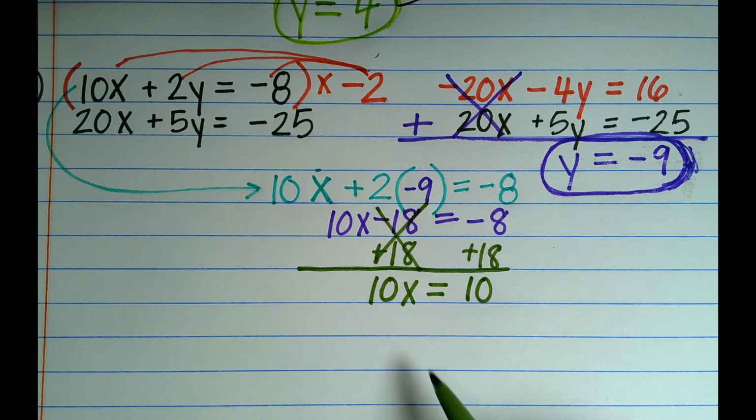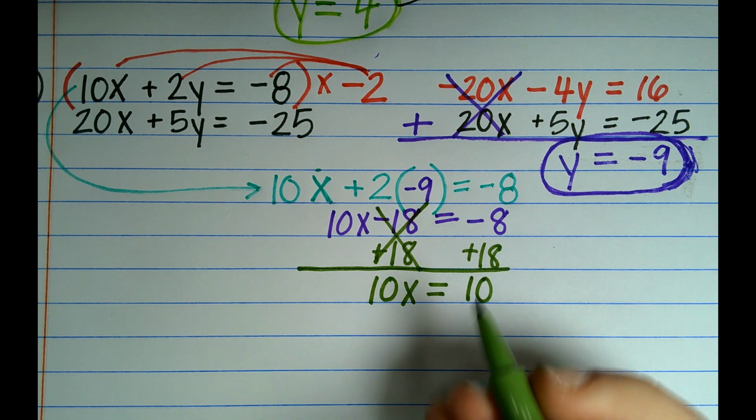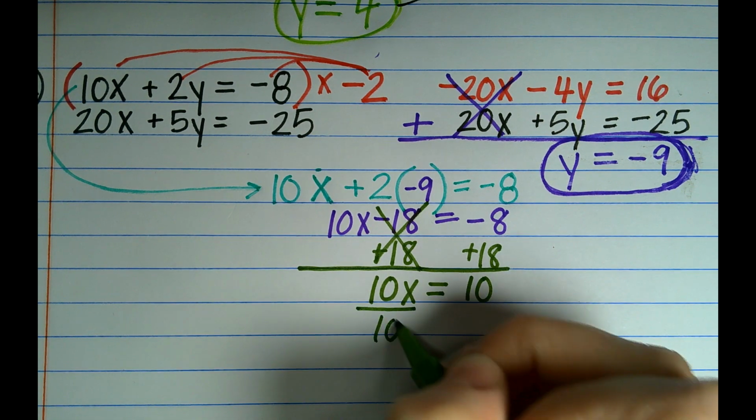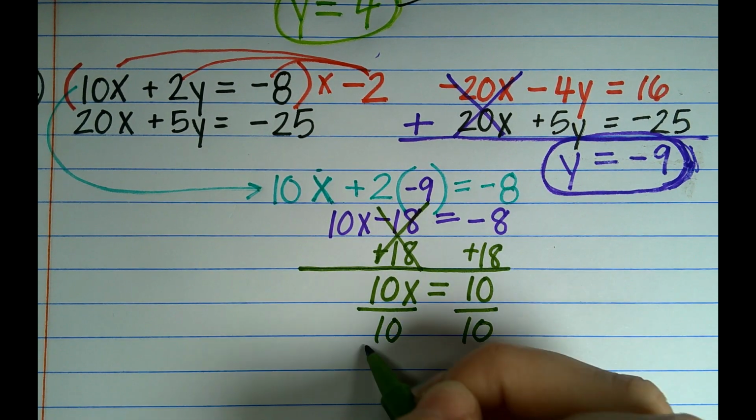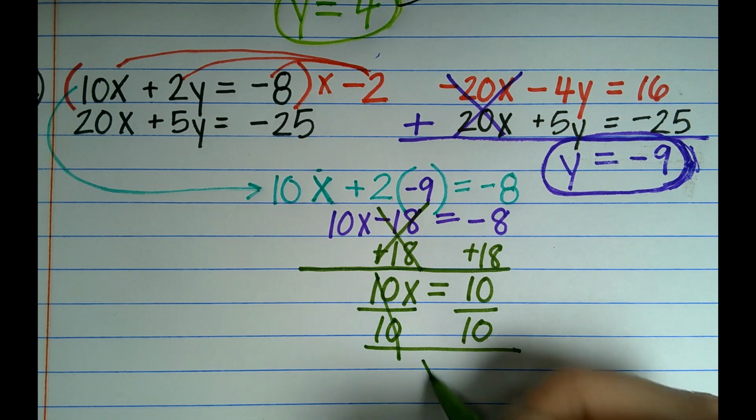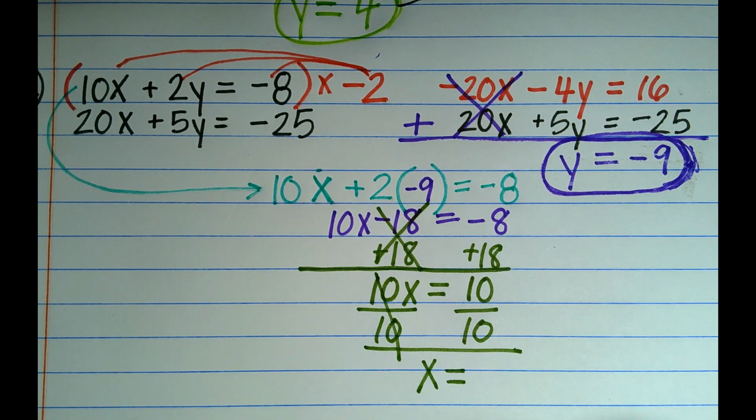All right, how do I solve for x now? Yes, divide both sides by 10. And those cancel, giving me x equals 1.